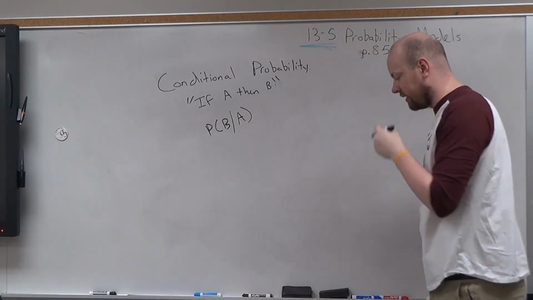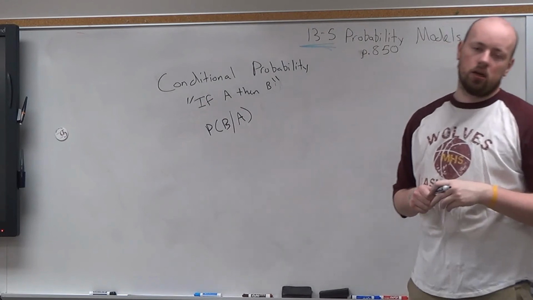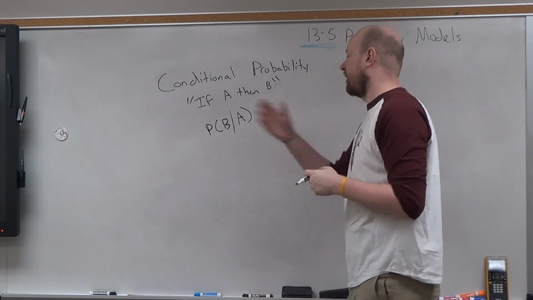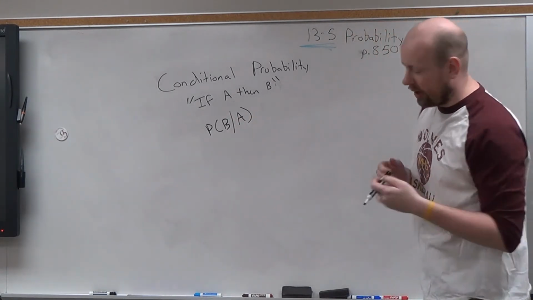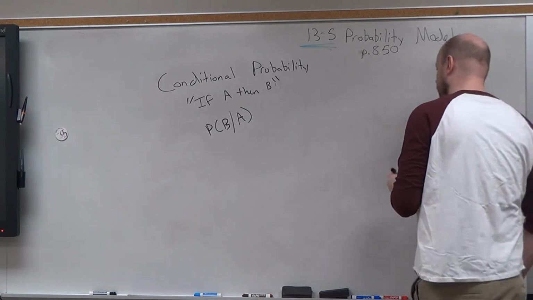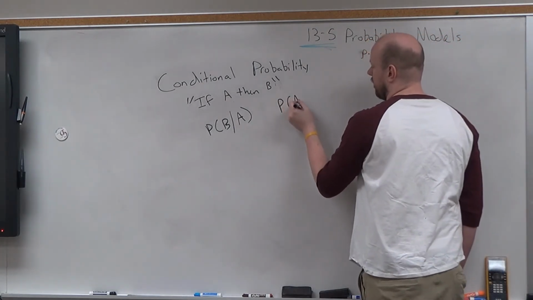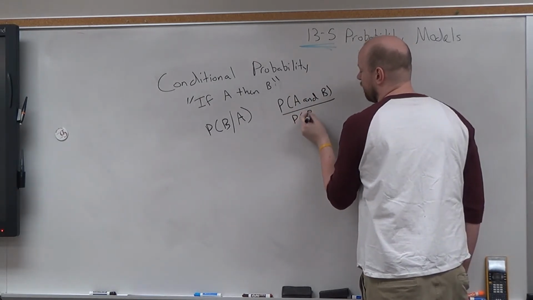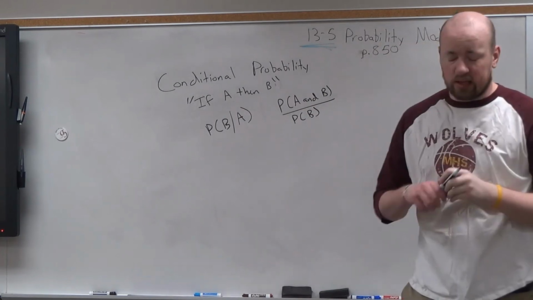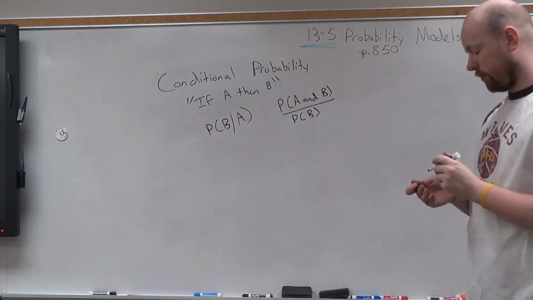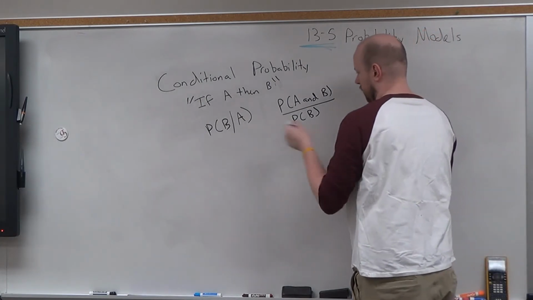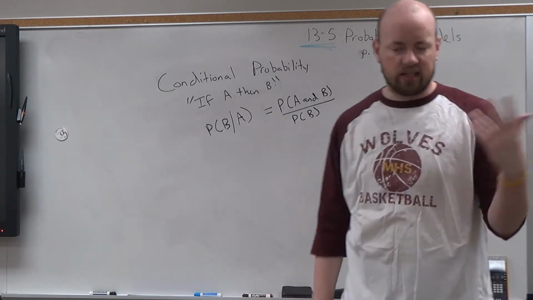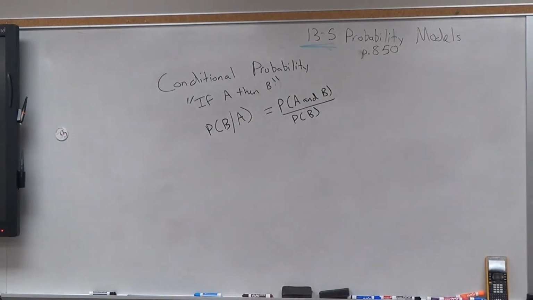What this means is that A is a prerequisite for B. We know that A happened. We need to find the probability of B happening if A is already for sure. So the way we do that is we find the probability of A and B, and then we divide it by the probability of the total of A. Again, typically the denominator is the less restrictive of the two.